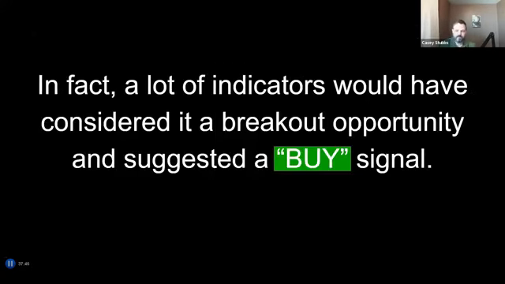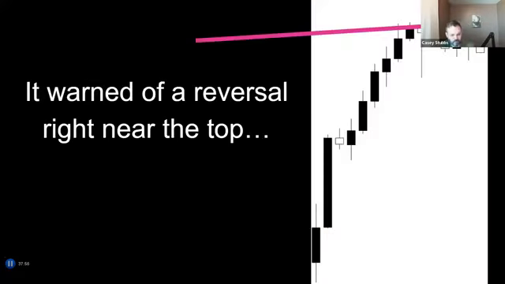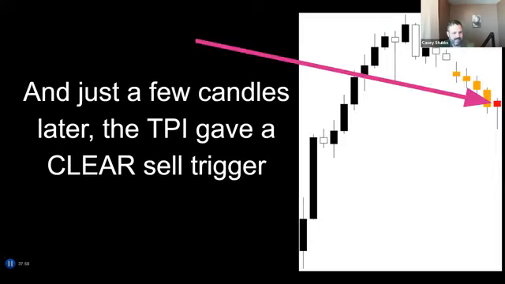In fact, a lot of indicators would have considered it a breakout opportunity and suggested a buy signal, but the TPI knew better. It warned of a reversal right near the top. And just a few candles later, the TPI gave a clear sell trigger. And sure enough, the New Zealand USD charged straight down from there.